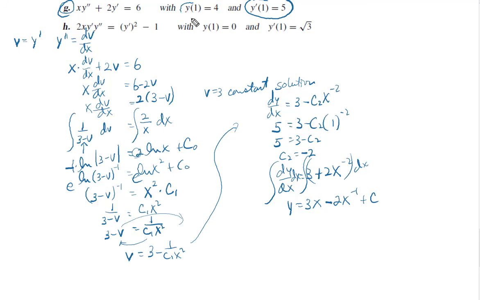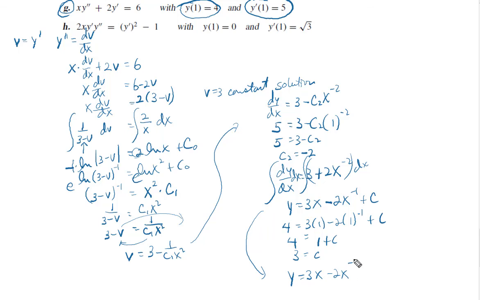We will use our initial condition y(1) equals 4 to find this constant. So this is a 3 minus 2, which is a 1, plus c equals 4, or c equals 3. So our final equation then would look like y equals 3x minus 2x to the negative 1 plus 3.